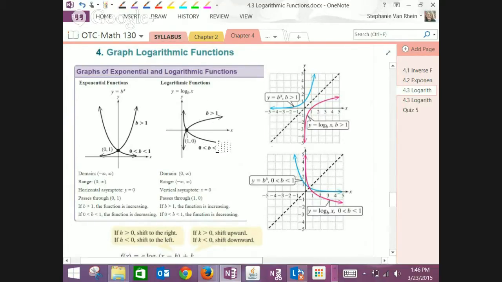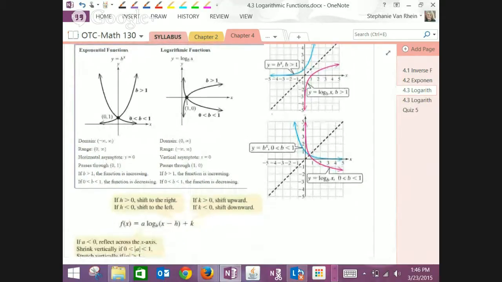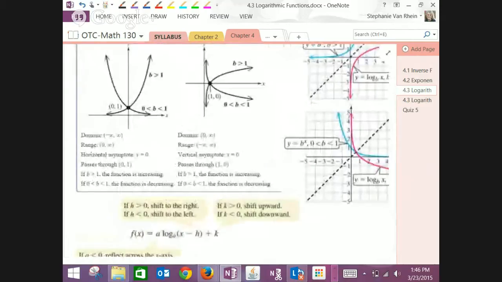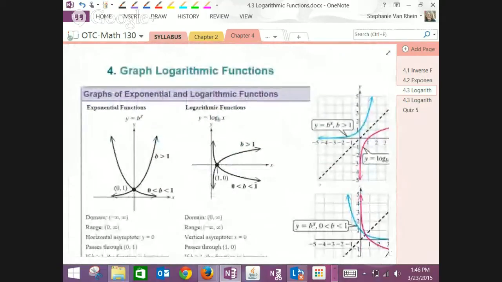The domain and range are going to be switched from the exponential function, right? Here's exponential functions. Let me highlight. This one is the inverse of the yellow one. When I take the inverse, I reflected about the line y equals x. That's switching the role of x and y.